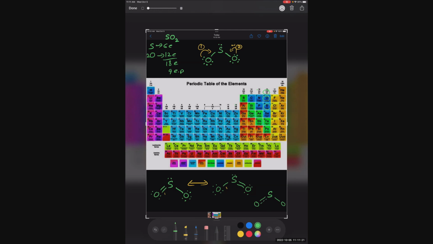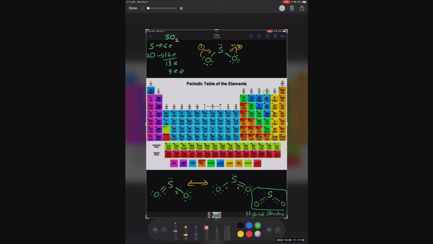Same thing with the other bond: single bond in the first Lewis structure, and in the second Lewis structure it's a double bond. That bond also has double and single bond character, so we draw it like that. This bond is between a single bond and a double bond, and this is called the hybrid structure of the molecule.